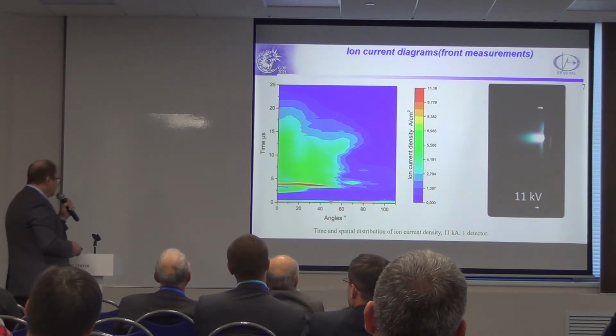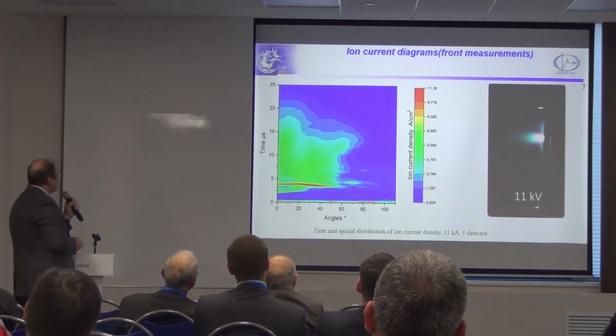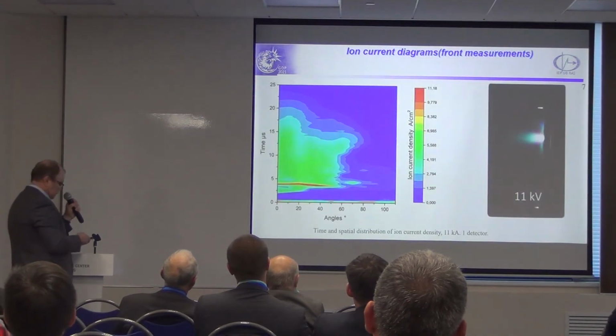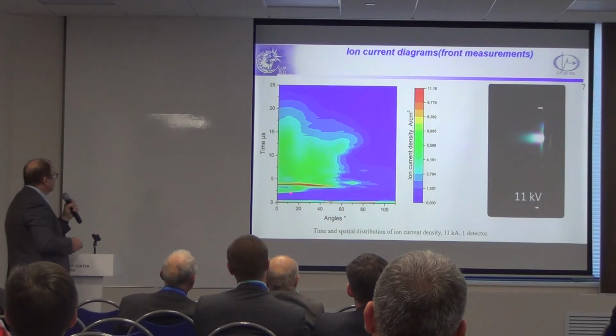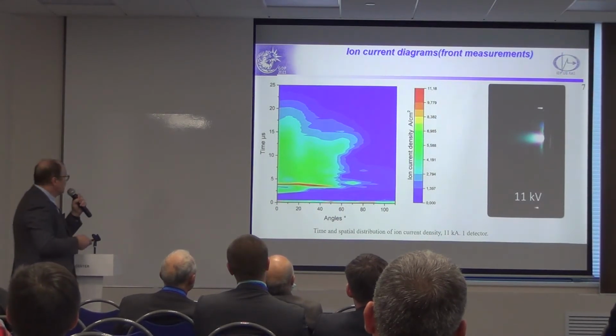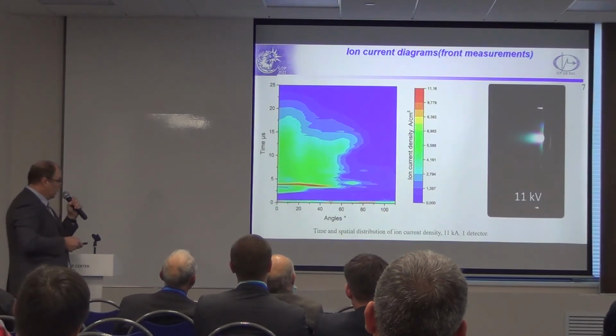The detector is directed to the axis of the plasma source. One can see that there is very wide spreading of plasma in this case, up to 80 degrees of solid angle.